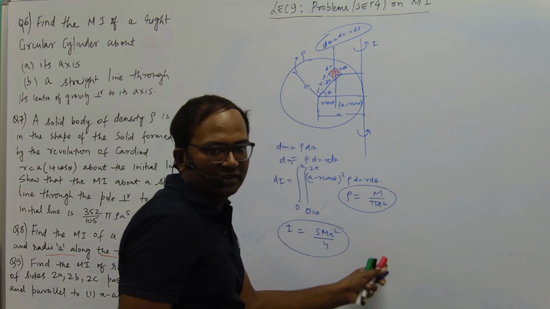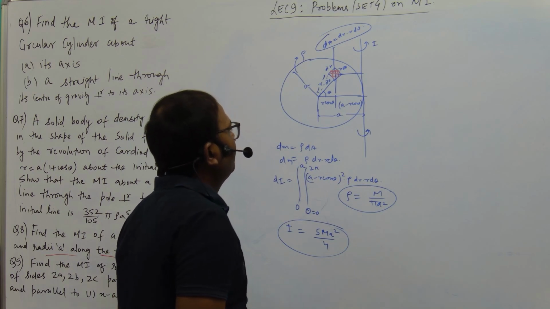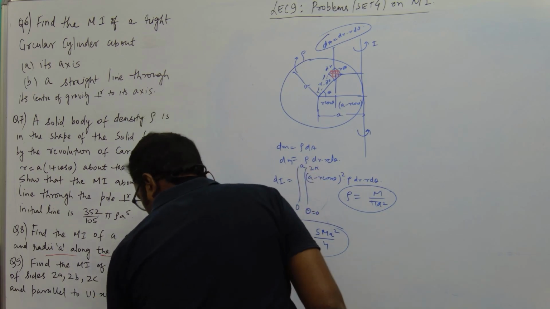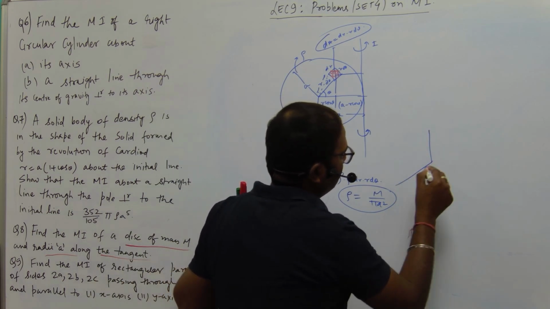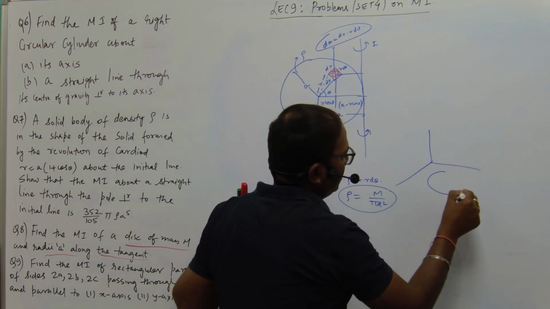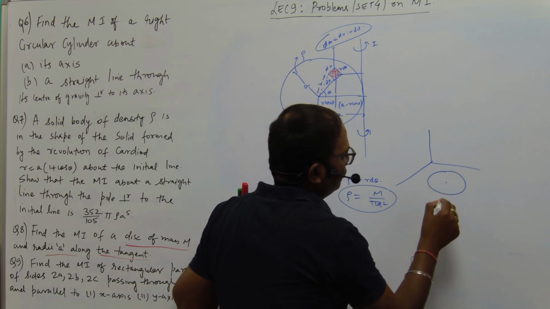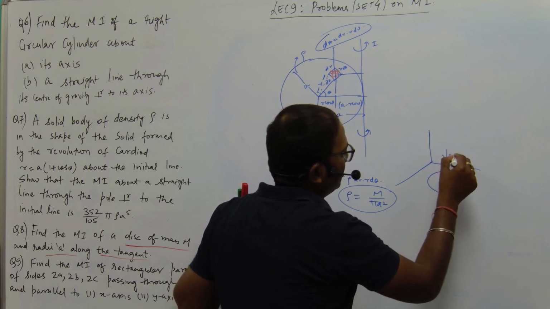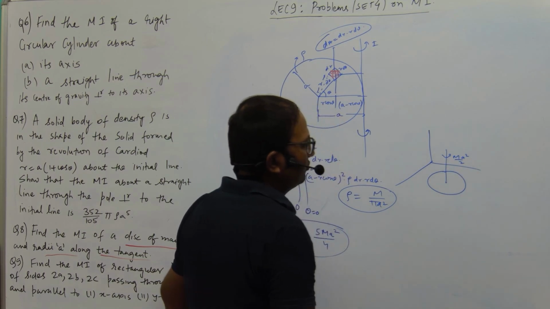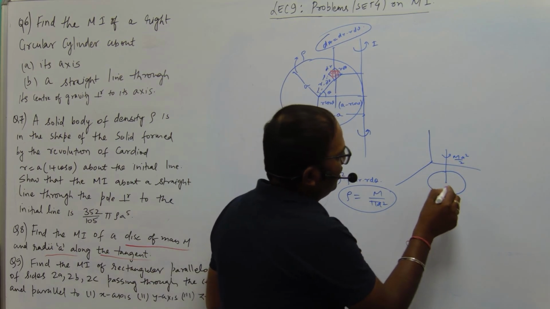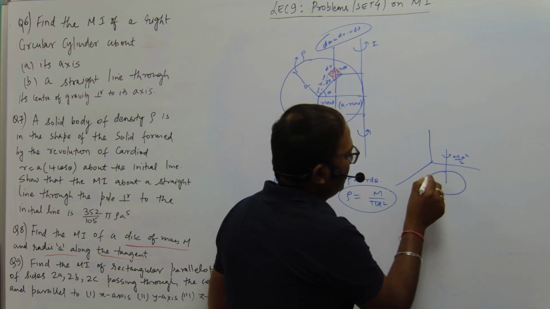Okay, so how can we verify this with the parallel and perpendicular axis theorems? So we have the axis like this. We have the disk lying in the xy plane. Through this axis the moment of inertia of the disk is ma^2 upon 2. So what will be the moment of inertia about a line that is perpendicular to this axis?